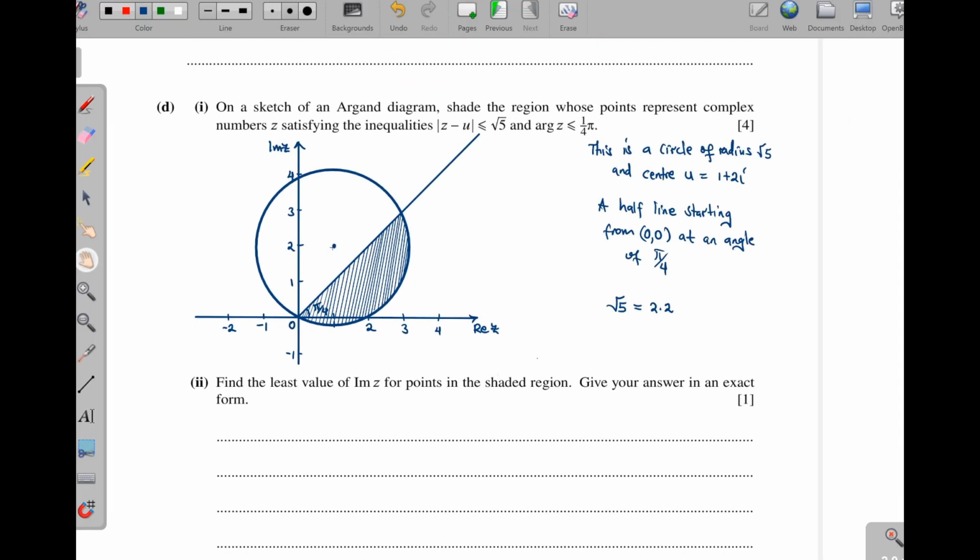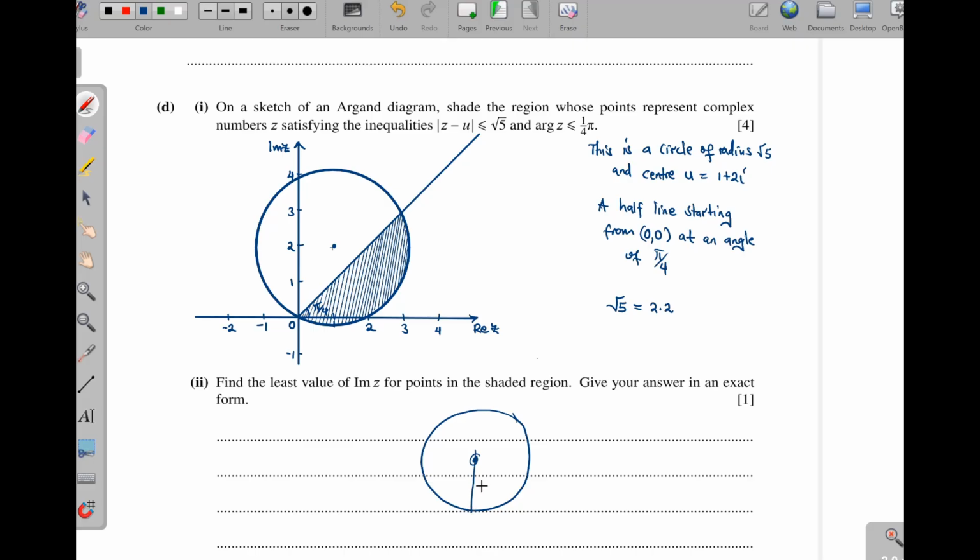Then Roman 2, find the least value of the imaginary of Z for the points in the shaded region. Give your answer in an exact form. Now, least value. Okay, how do we get that least value? Now, the lowest, if you have a circle here, like this, the lowest point of that circle has to be directly below the center here.